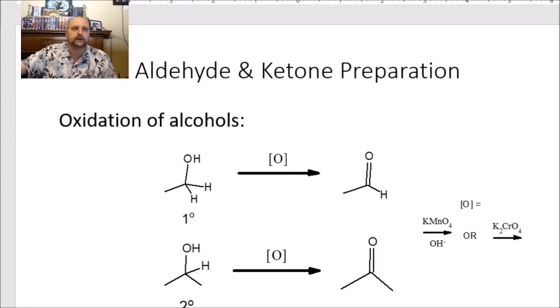So primary alcohols give us aldehydes, and then those go further on to carboxylic acids, so we have to be careful about those, and we'll actually use that later. Secondary alcohols will give us ketones. Remember, tertiary alcohols do not react at all, and so they won't be oxidized. So we did this in the alcohol chapter, and so this is now how we make these.